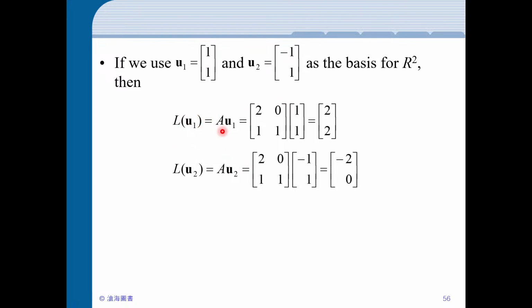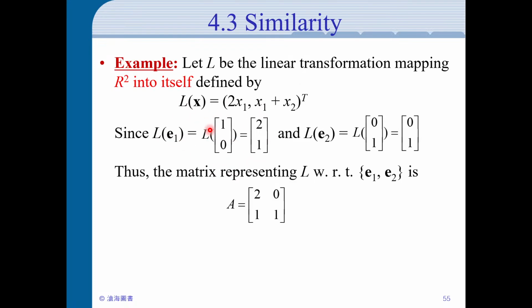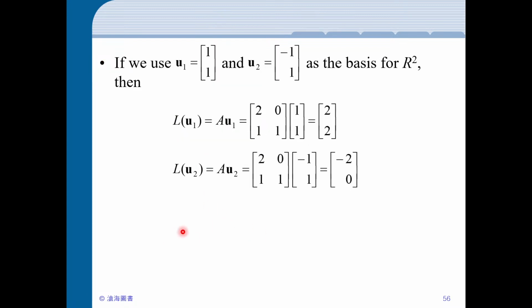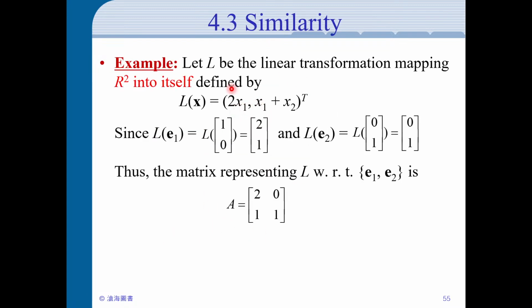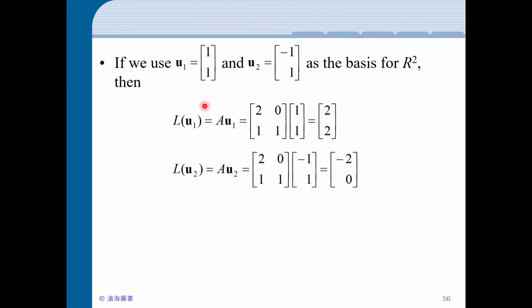You can either apply this A because it's already the standard basis, or do this thing, it's the same. L of U1 you will get 2, 2, and L of U2 you will get minus 2, 1.